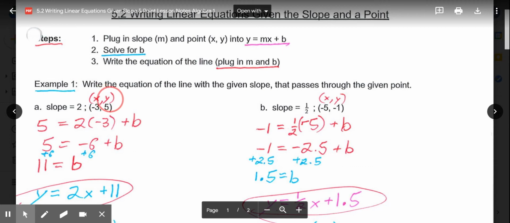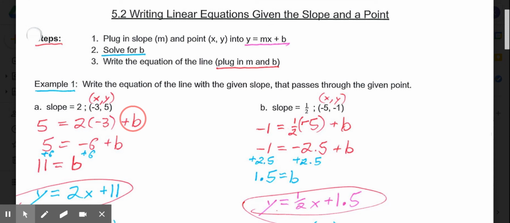So we're going to use the y, the x, and the slope to fill in all the parts of y equals mx plus b other than the plus b. We'll put this 5 in for y, the 2 in for the slope m, and that -3 in for x, and then that whole thing is plus b.